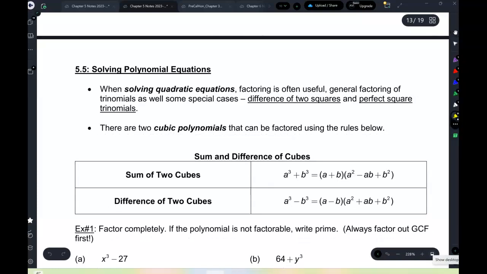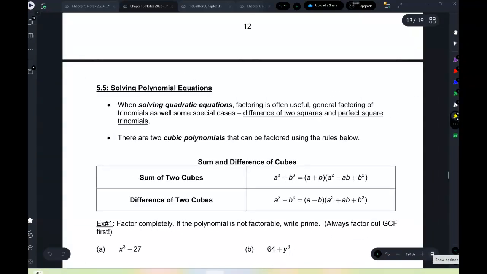Okay, so when we were solving quadratic equations, we learned difference of two squares, and we learned the perfect square trinomial, right? Like difference of two squares, you would factor, let's say, x minus 3, x plus 3.